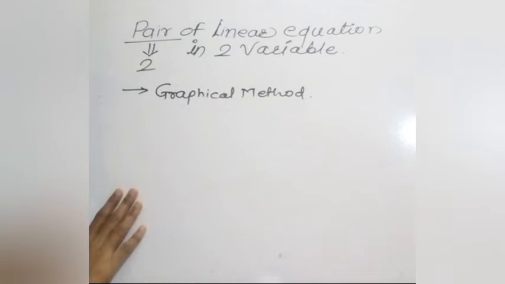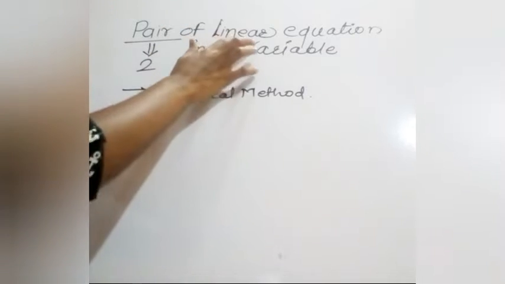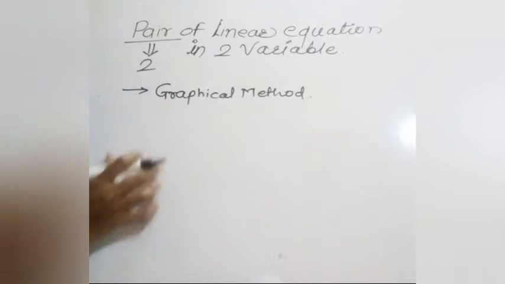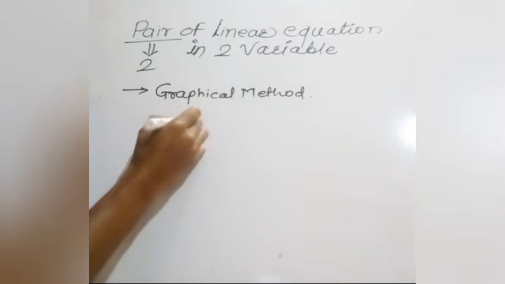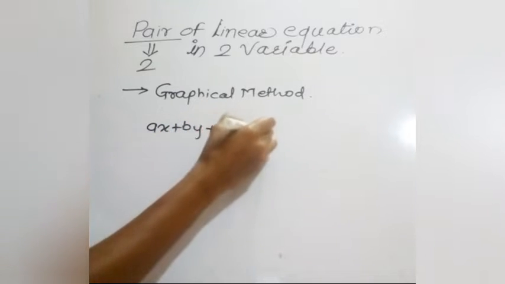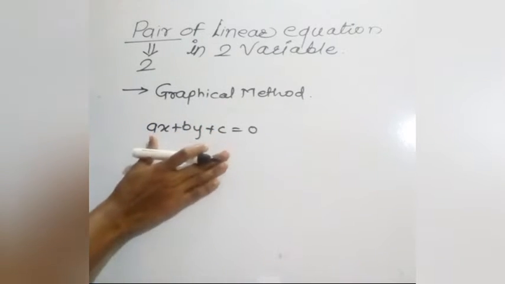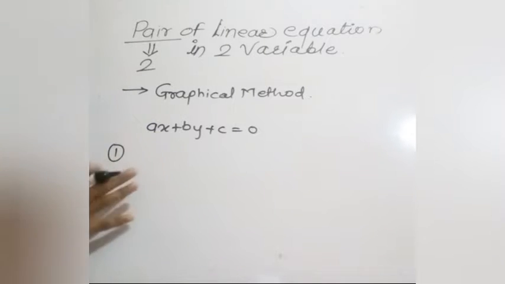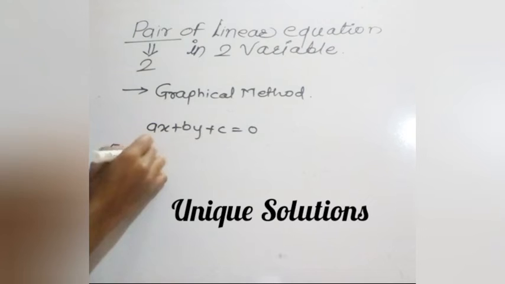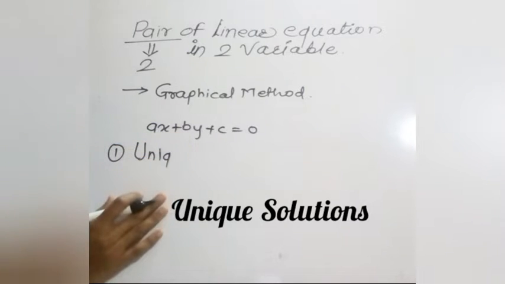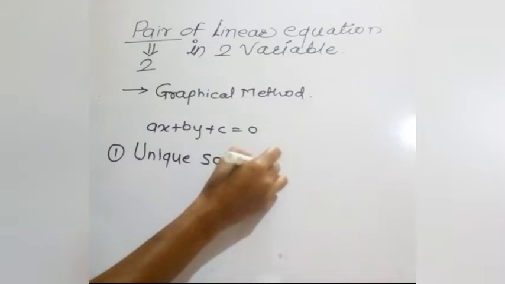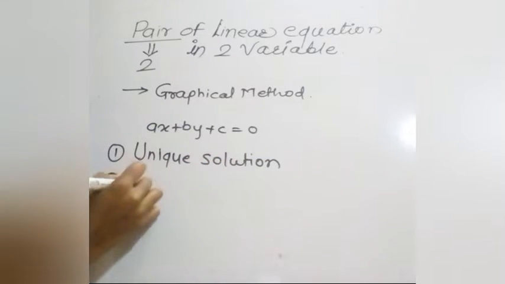Before solving problems, there are different types of solutions that occur when we solve linear equations in two variables. Suppose two equations are given to us in the format of ax plus by plus c is equal to 0, because this is the standard format of a linear equation. After solving these equations, we get a unique solution, or we get no solution.